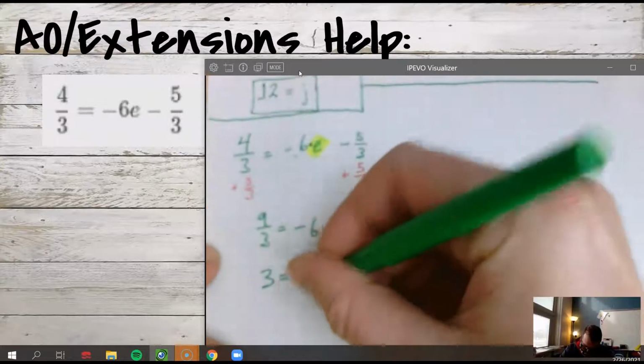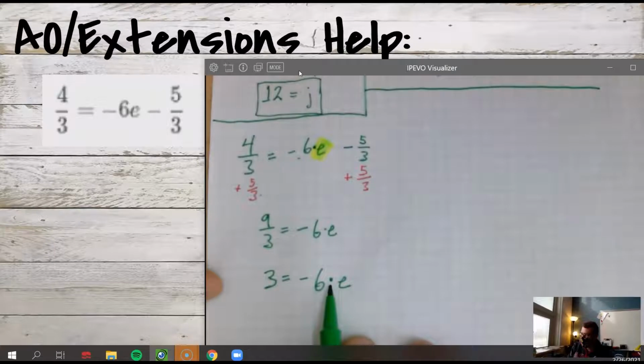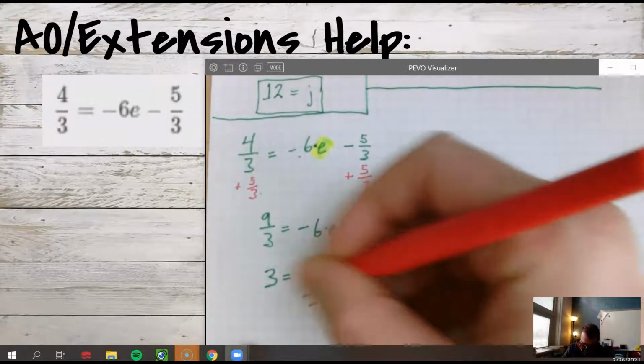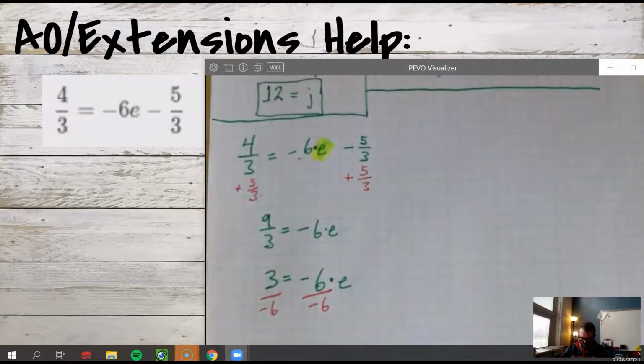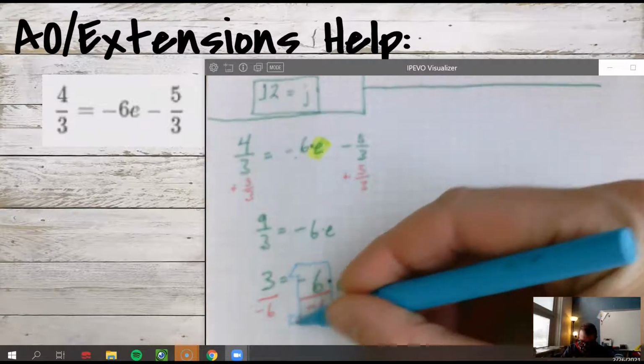So if 3 equals -6 times e, and this is why I like to show the multiplication, it kind of clues in my brain that if we're multiplying and I want to undo that, then I just divide. This creates our favorite reference back to CPM, right? The giant one.